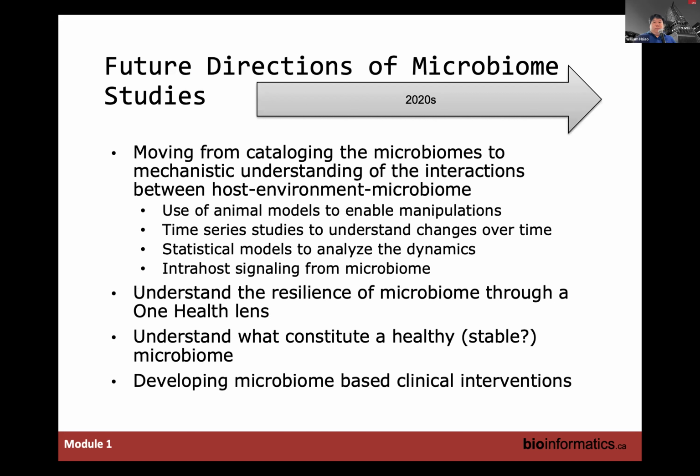So there are still some outstanding challenges and opportunities for microbiome studies. First, it's clear that we need to move away from cataloging the microbiome to a more mechanistic understanding of the interactions between the host, the environment, and the microbiome. The diversity of the microbiota, I should say, the highly uneven and rapidly evolving nature of the microorganisms means that fully cataloging the microbial diversity is not possible.